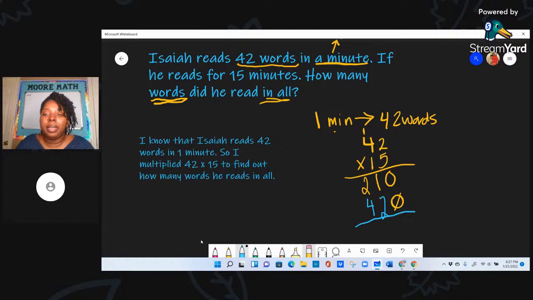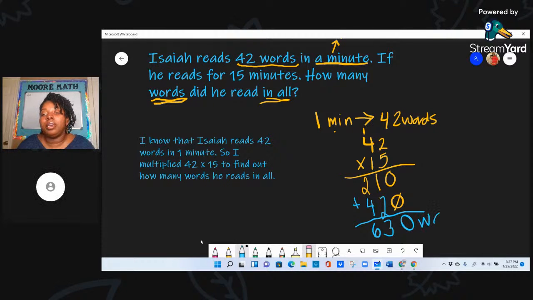And what am I doing now? Adding. Good. 0 plus 0. 0. 1 plus 2. 3. 2 plus 4. 6. So how many words does he read in 15 minutes?